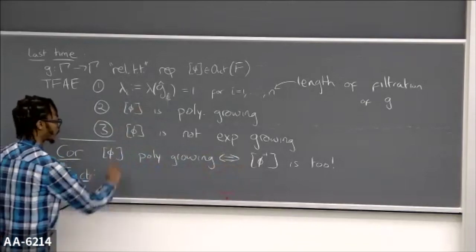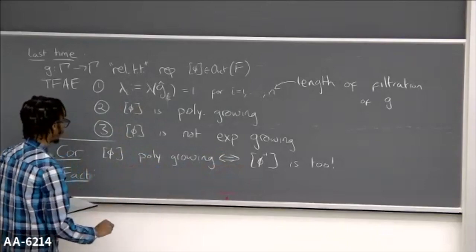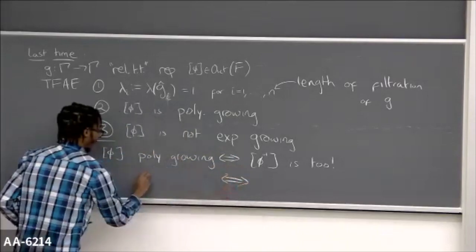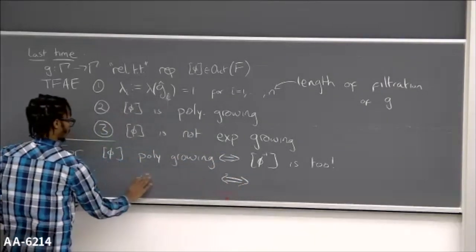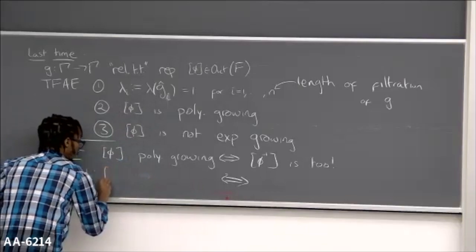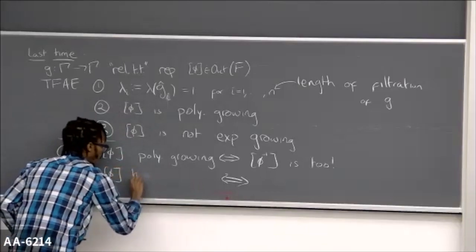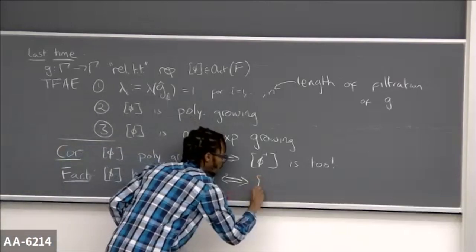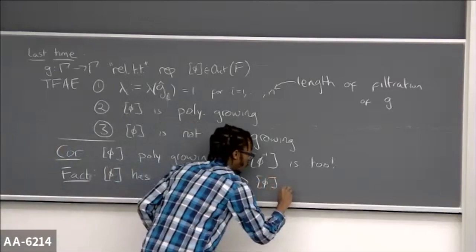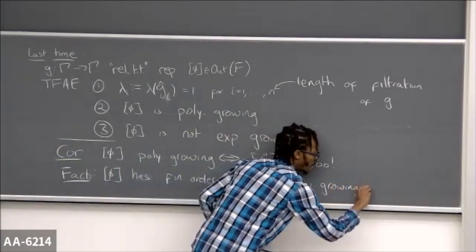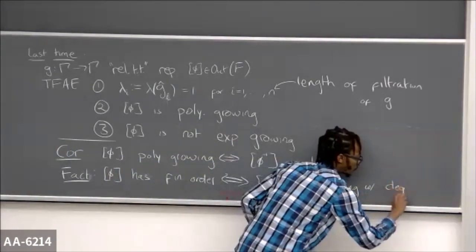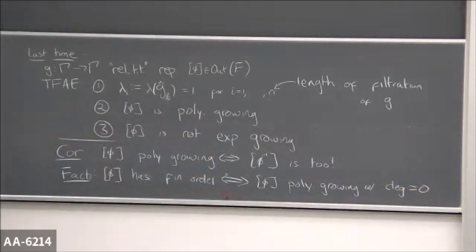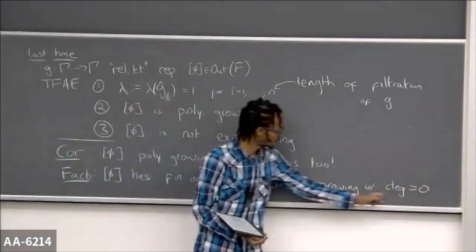The last thing I want to say is that having finite order is the same as being polynomially growing with degree equal to 0. Again, that's not entirely obvious. What does it mean to be degree 0?